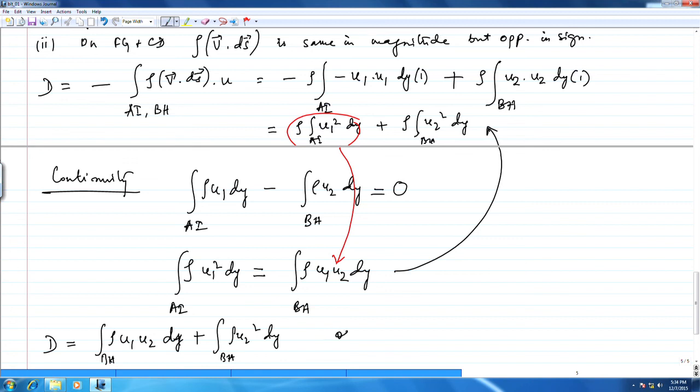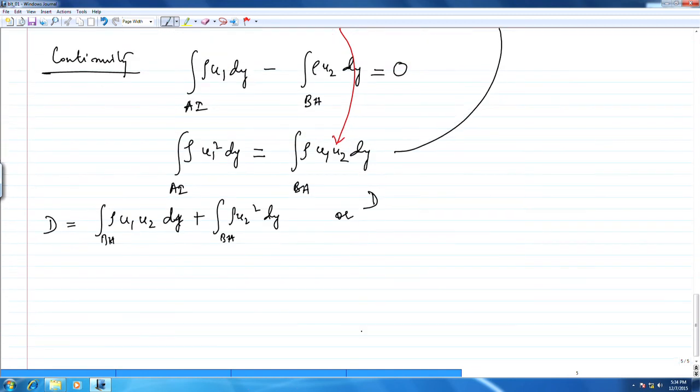Or D is equal to rho U2 times U1 minus U2 dy over BH.